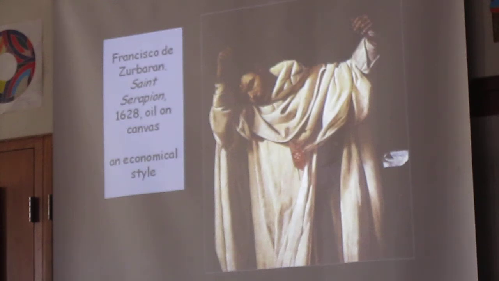So during the Holy Wars, right? He's tied to a tree and decapitated. So what Zurbarán does here is make it very dark, right? All the emphasis is on the figure itself, so much so that you can barely see the trees he is bound to. And it's a really bad slide, so it's hard to see. But you can even see the cutting of the neck here as well.